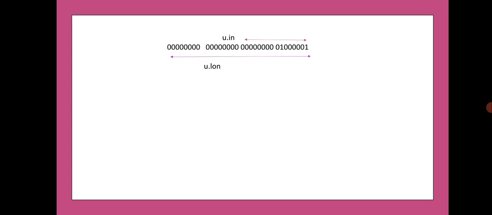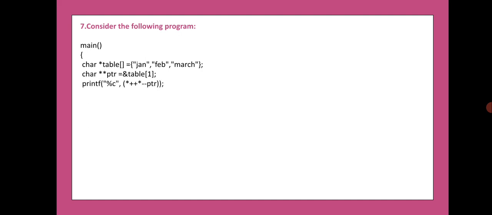So let's consider another question. Here is the program, and I have a character pointer table array which has members. The first member is the string Jan, the second is Feb, and the third is March. I have a character double pointer ptr equal to &table[1].